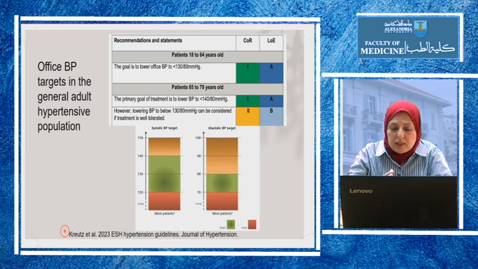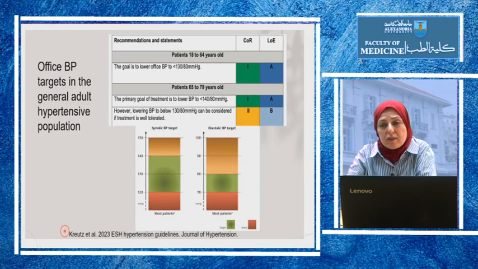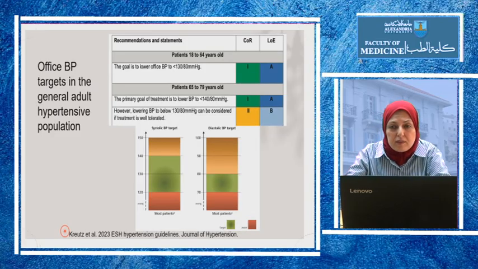As we said, KDIGO recommends an aggressive target, that the blood pressure should be below 120 millimeters of mercury, but this is also based on standardized blood pressure measurement, which means that we should measure the blood pressure in a quiet room with the patient alone, by an automated, validated device, so not in the usual office environment.